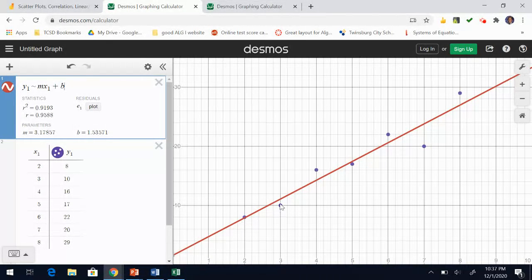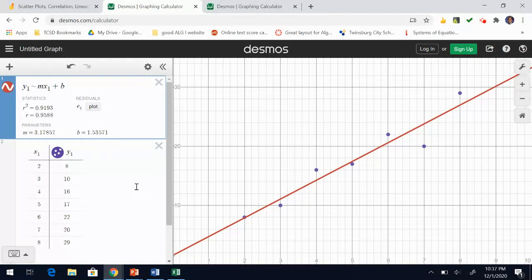It misses this one, this is just a little bit below. This is just a little bit above. This is just right underneath it. So you can see how it splits the data set. That's what we call the line of best fit. So again, our correlation coefficient is super, super close to 1. So this is a really, really strong correlation here.